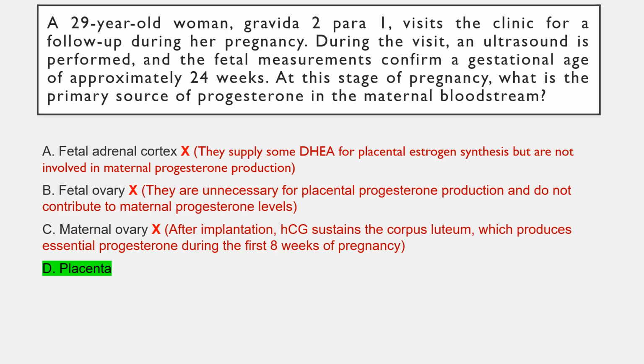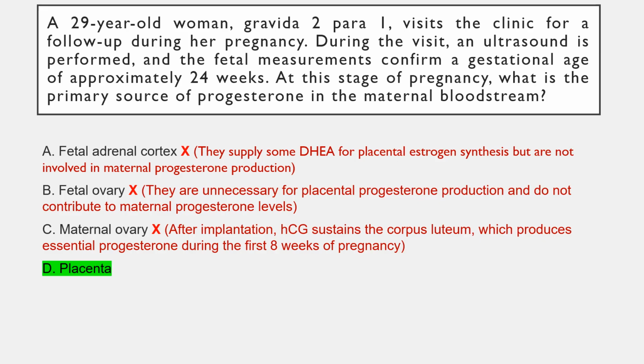And option B is incorrect because the fetal gonads, including the fetal ovary, are not involved in producing progesterone for the mother. They are also not required for the placenta's progesterone production. The fetal ovary development is primarily geared toward preparing the baby's future reproductive capacity, not contributing to the maternal hormone levels.